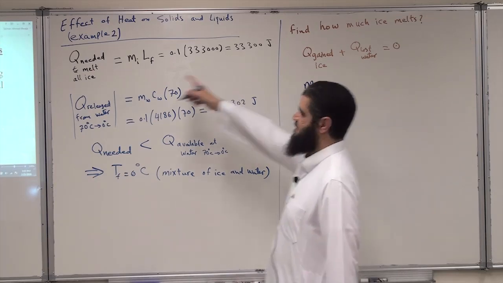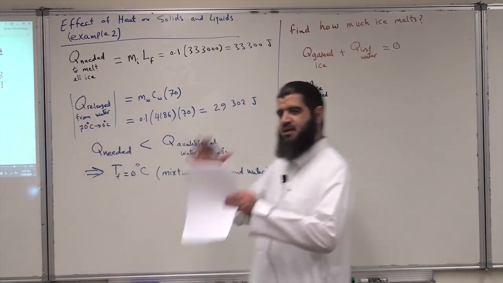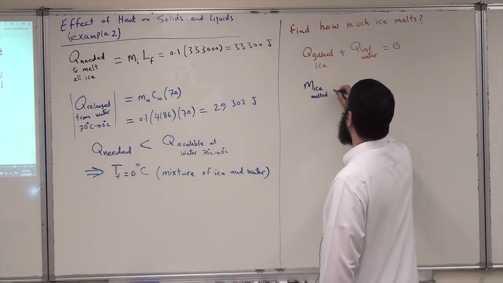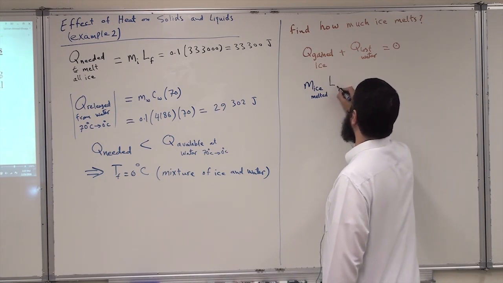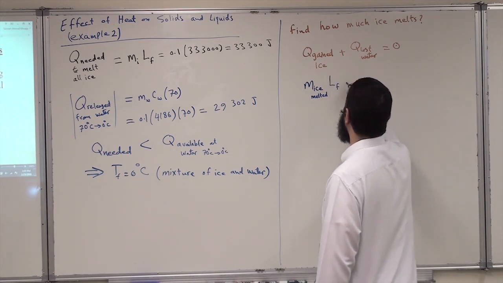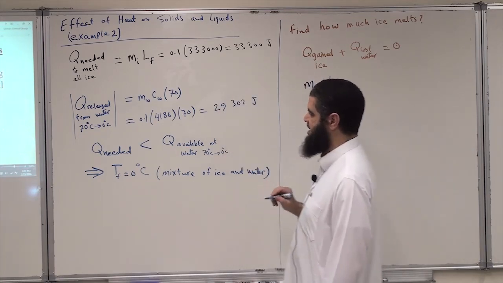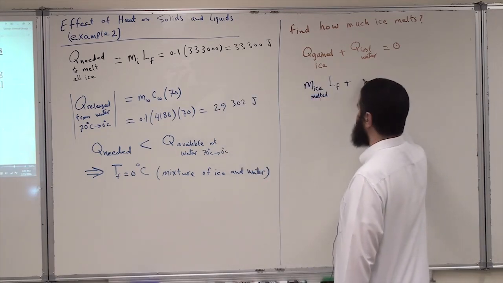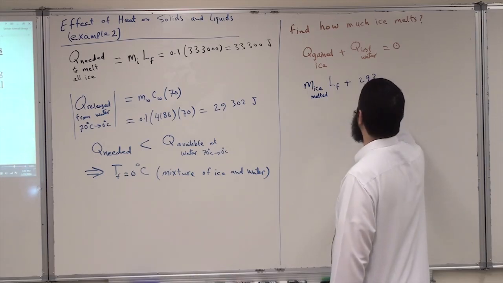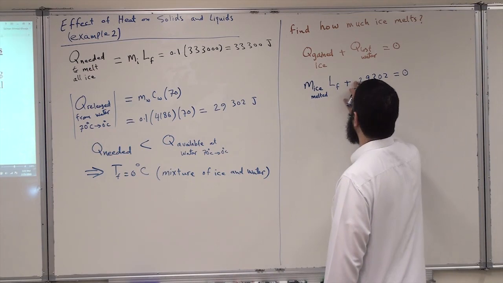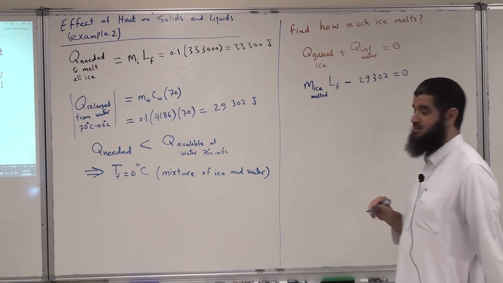It is not the 100 grams anymore, because I am asking about how much ice melts. So the mass of ice melted multiplied by the latent heat of fusion, plus the heat which was released from water, which is 29,302. All of this is equal to 0. Of course, this will be minus because it is the heat lost.